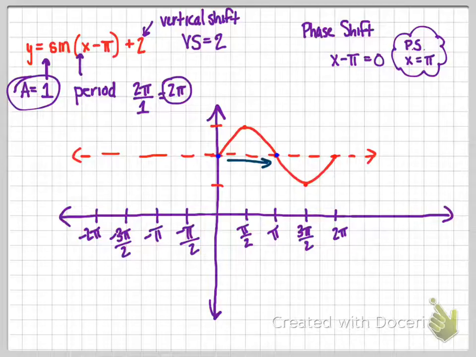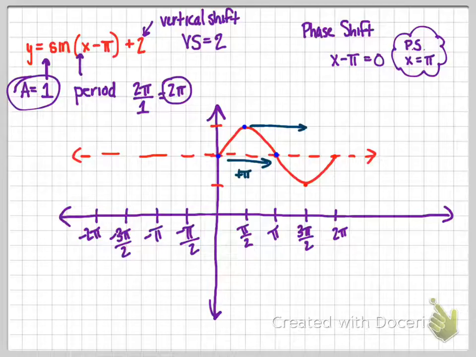Same thing up here. This point right here at pi over 2 is going to shift over a length of pi. Okay, so what I do when I label my phase shift, I know that I'm going to go pi over. So from where I'm supposed to start, I start pi over, and then I start just mimicking my points.